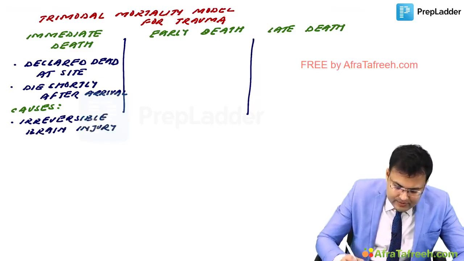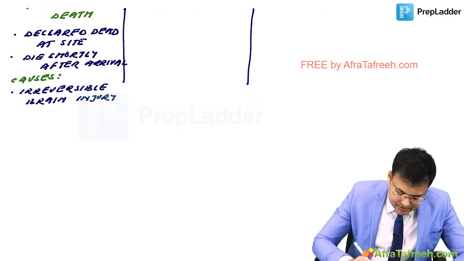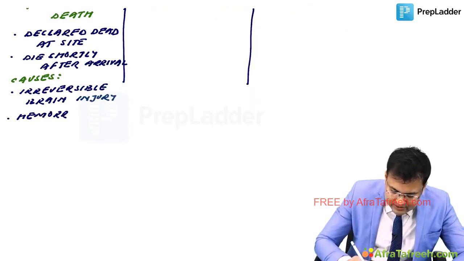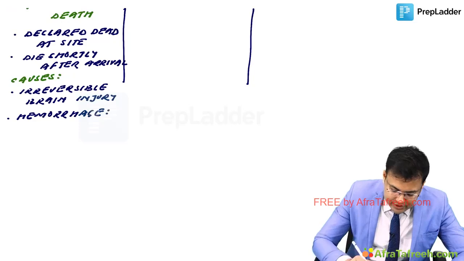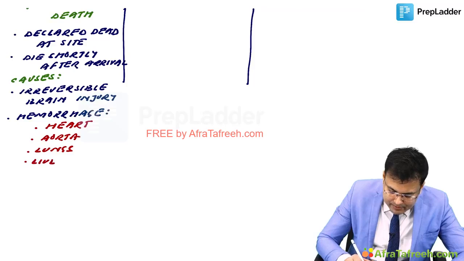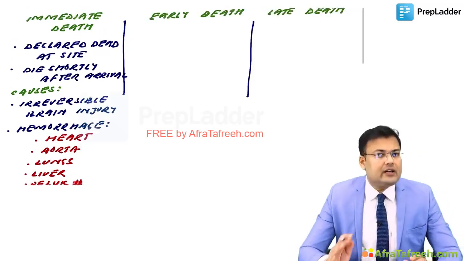Or these patients might have massive hemorrhage. And what are the sites? Massive hemorrhage because of injuries of heart, aorta, lungs, liver, pelvic fracture. Clear?